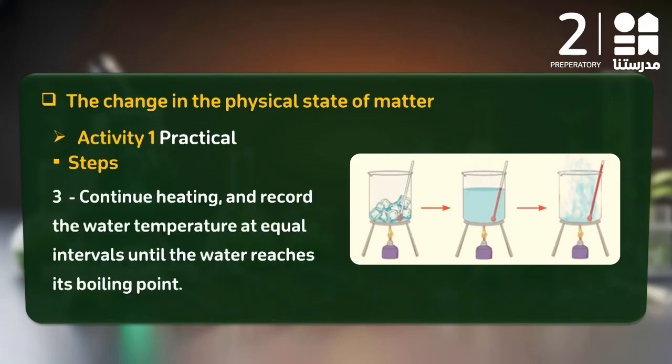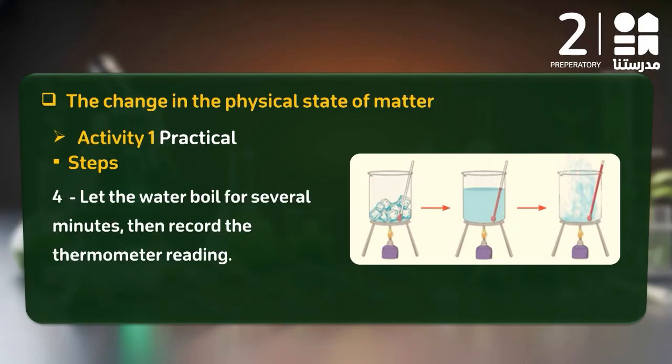The third step: continue heating and record the water temperature at equal intervals until the water reaches its boiling point. The fourth step: let the water boil for several minutes, then record the thermometer reading.